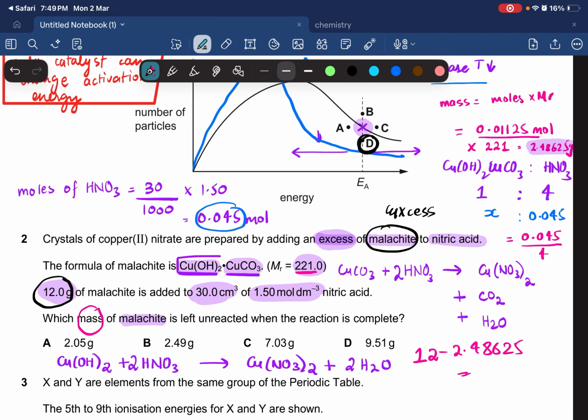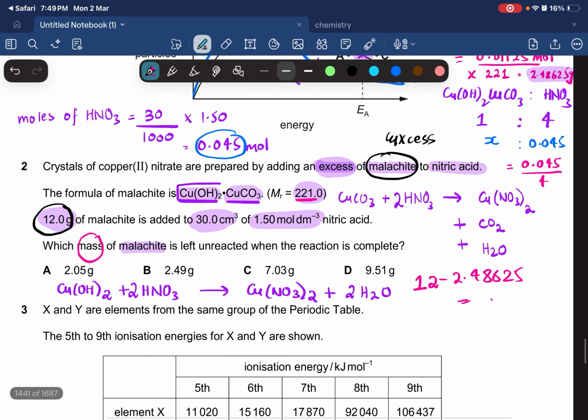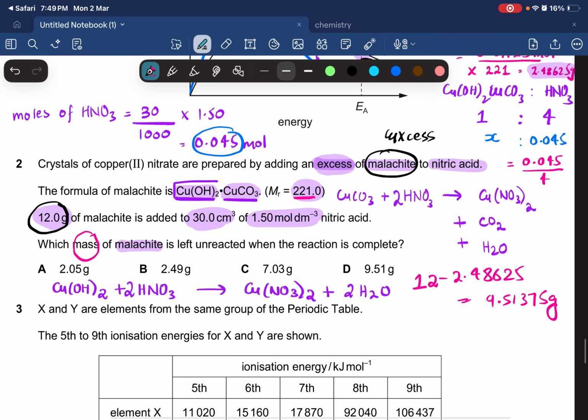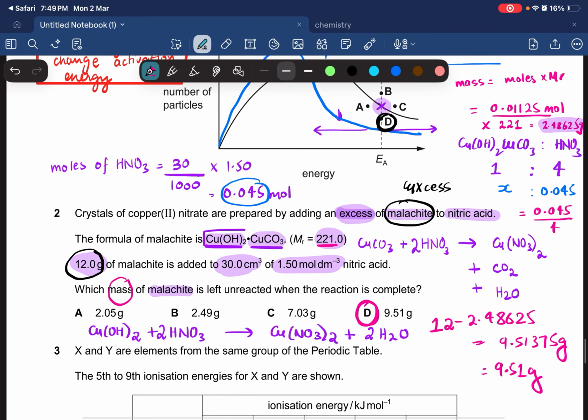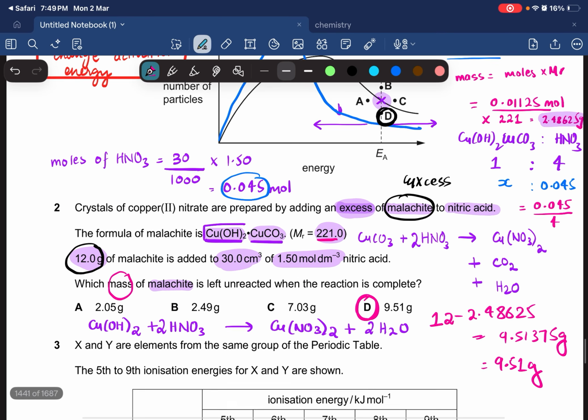And what do we get? We get 9.51375 grams. Okay, so that's our answer. And correct to three significant figures, it's going to be 9.51 grams, which makes this the correct one. Okay, I hope you got it. It was a little complex, but not very hard, though a good amount of working was required. So done.